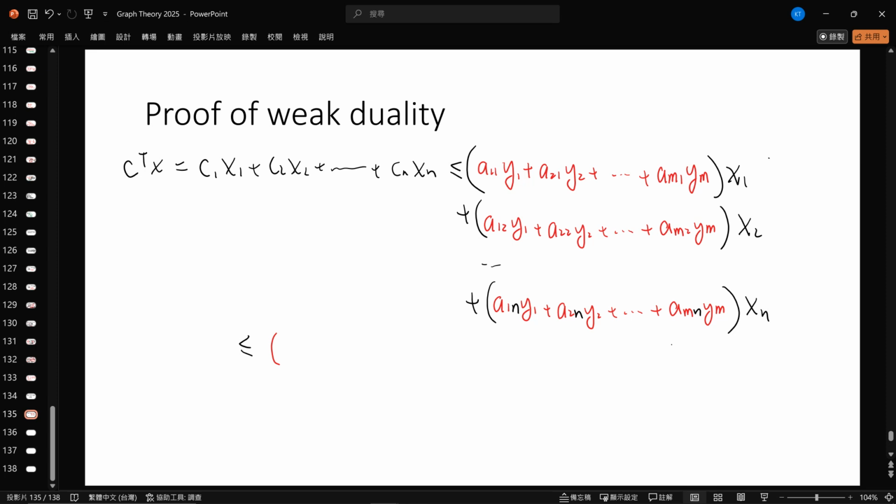Now, which terms are related to y1? We have a11 x1 plus a12 x2, and so on. These are the terms related to y1. Now let's consider y2.